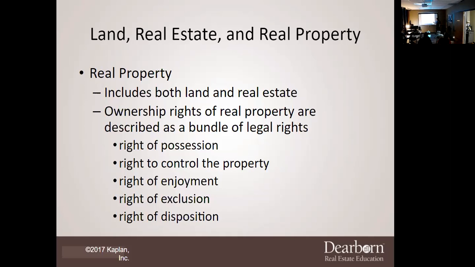We can also have Mr. Eugene, who is the owner of it, who controls everything. Mr. Eugene can also keep the exclusion. He can exclude people from his property. And Mr. Eugene could have left a life estate to his wife, say Miss Linda, and she has the right to the disposition of the property.